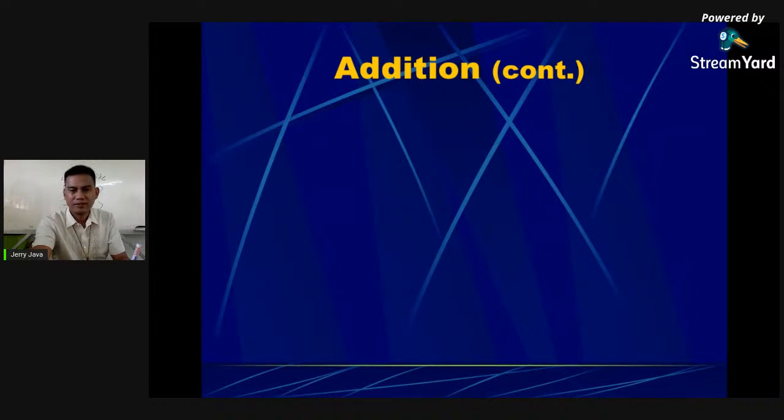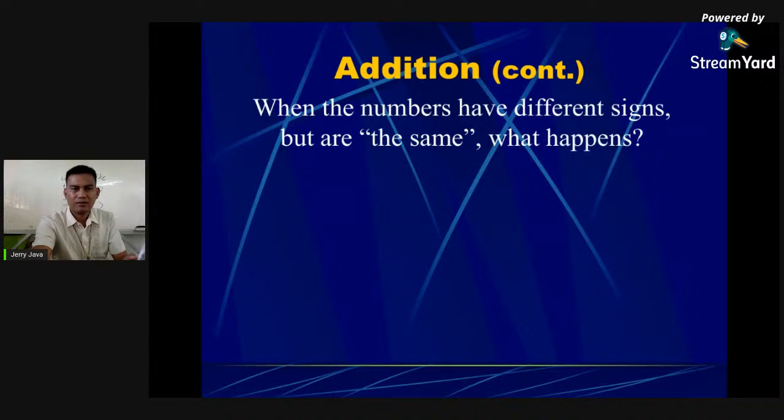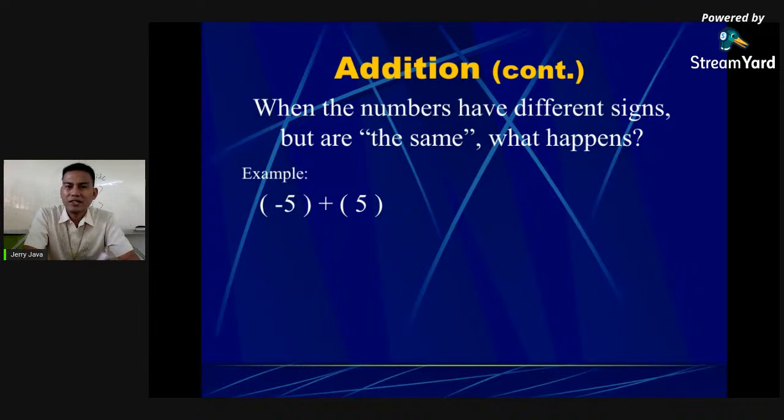Okay. When the numbers have different signs but are the same, what happens? Ito yung pasabot niya. Pareho sila ng numbers, pero iba yung signs nila. The same number 5.